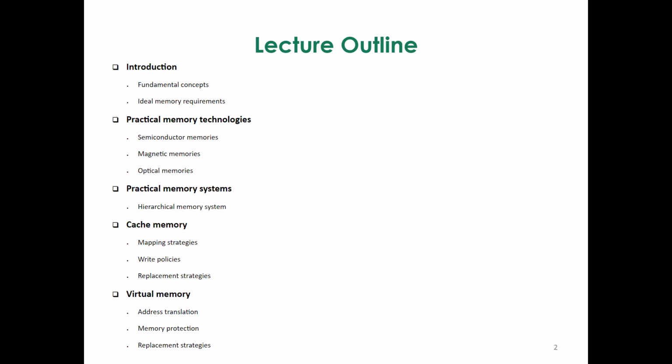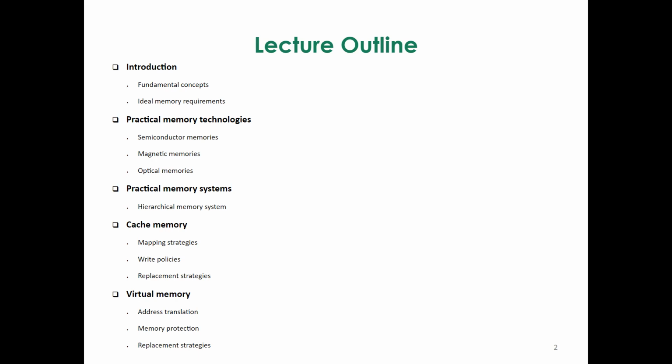So this is the outline of what we intend to cover. An introduction, the practical technologies that are available in the industry to build memory, and how those are composed together to actually realize practical memory systems that are similar to the ones we find in our computing devices, either your phone, your desktop, or even a server.